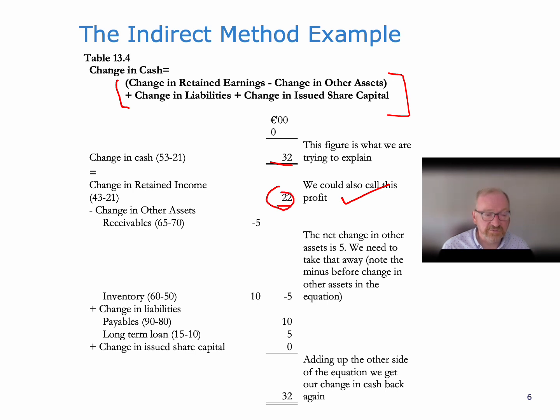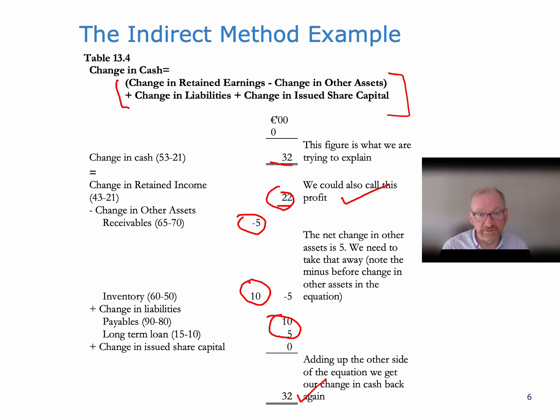We subtract the change in other assets like receivables and inventory. And we add back the change in liabilities like payables and the long-term loan. There's no change in issued share capital, and we get back to our answer again. So this is how the cash flow statement works. This isn't a real one, but this is an illustration of how it works.